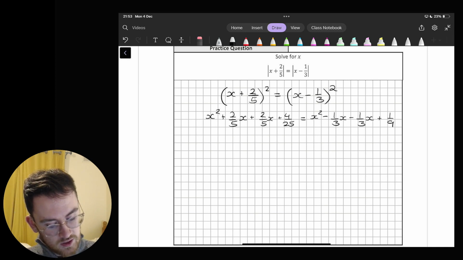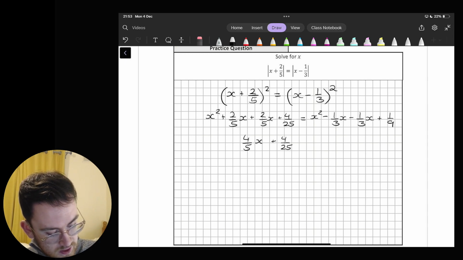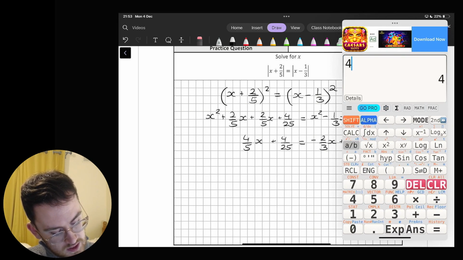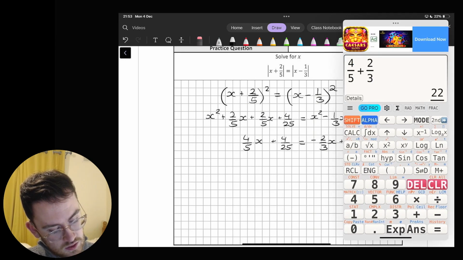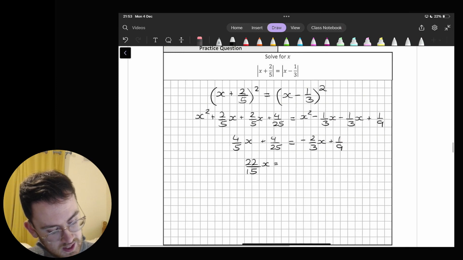Okay, simplifying all of this down now. So at the minute I have, let me see, 4 over 5x plus 4 over 25 equals minus 2 over 3x plus 1 over 9. Okay, so let's just simplify that down now. So I'm going to bring the 2 over 3 to the other side. So 4 over 5 plus 2 over 3 gives me 22 over 15x.